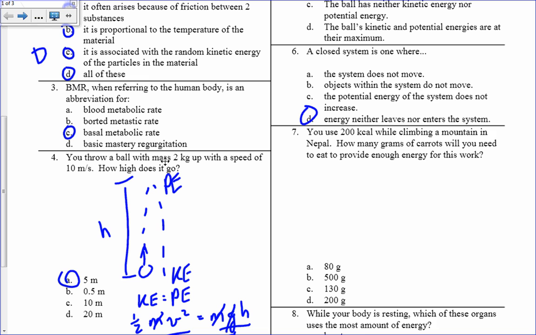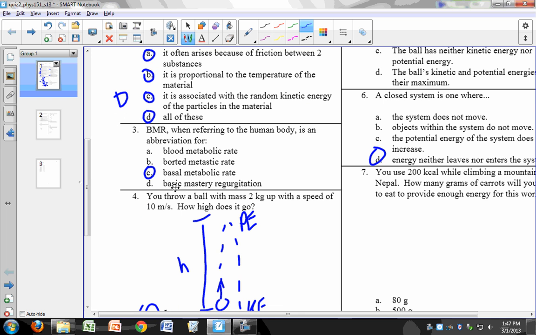You use 200 kilocalories while climbing a mountain in Nepal. How many grams of carrots will you need to eat? Okay, let me pull up the equation sheet. I don't have it in front of me. You said to use the equation sheet to convert 200 kilocalories.